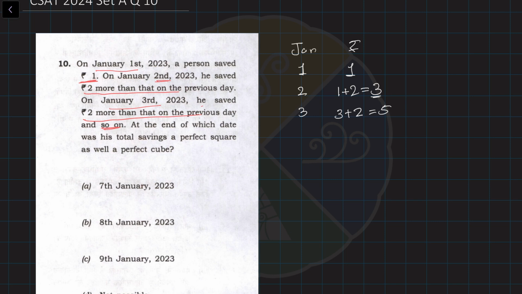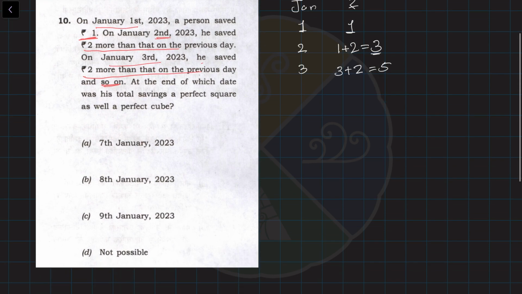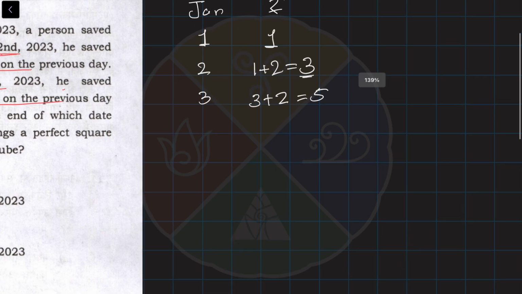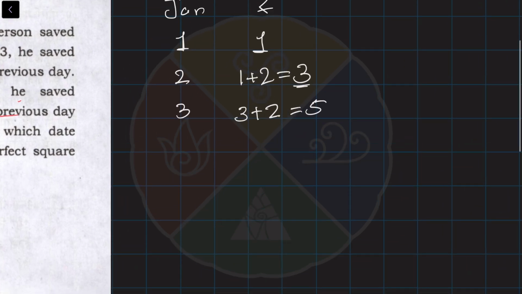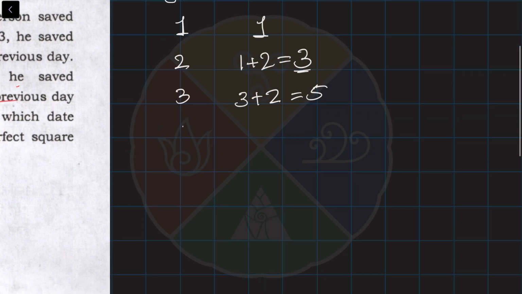So, let's write down the case. January 1st, we have 1 rupee. January 2nd, we have 3 rupees. January 3rd, he's saving 5 rupees. January 4th, he'll be saving 5 plus 2, 7 rupees. January 5th, he'll be saving 7 plus 2, 9 rupees.